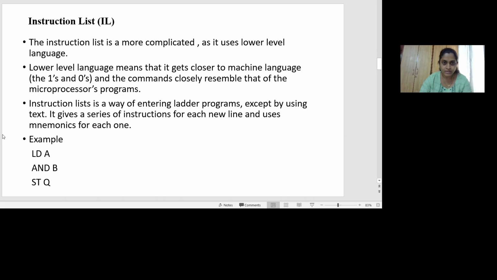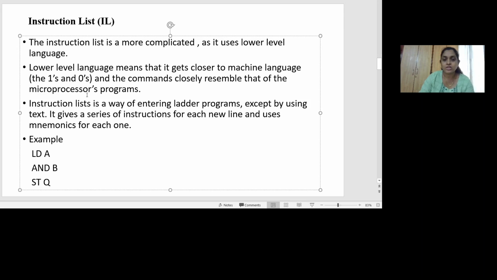The second standard that is used in PLC programming is called the instruction list, and this is more complicated because we are using a low level language here. A low level language means a language which the machine can understand, so it will be in terms of zeros and ones.